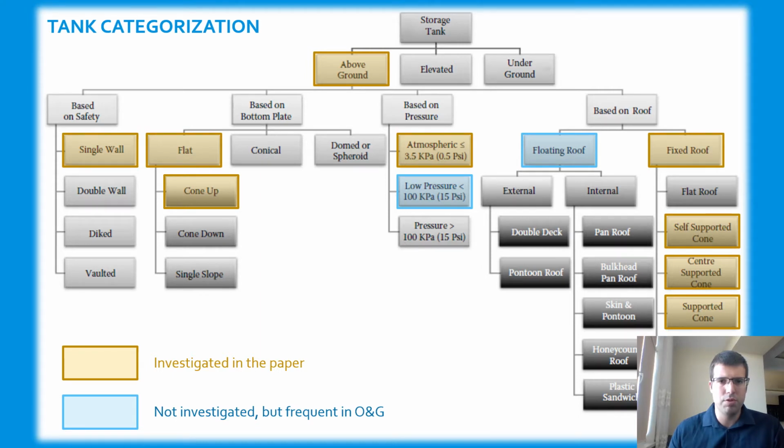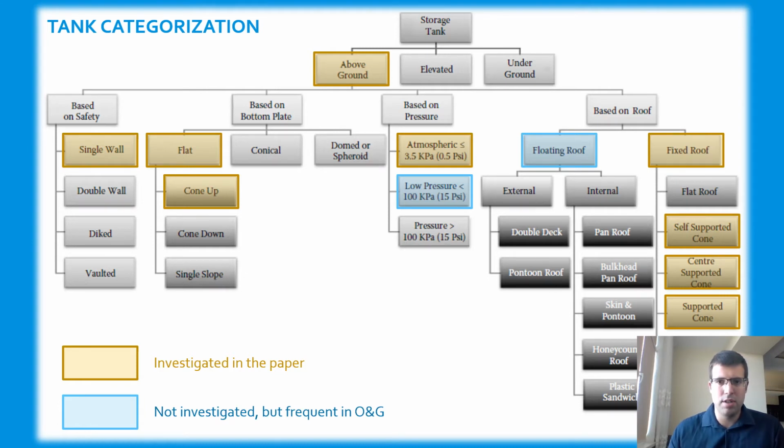So we're focusing on the above ground storage tanks with a single wall structure, a flat bottom with atmospheric pressure. This is very important because different codes apply based on the pressure, and a fixed roof, specifically a cone roof, either self-supported, center-supported, or just a cone with multiple columns supporting it.